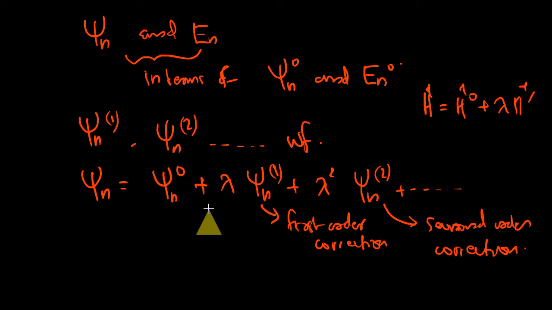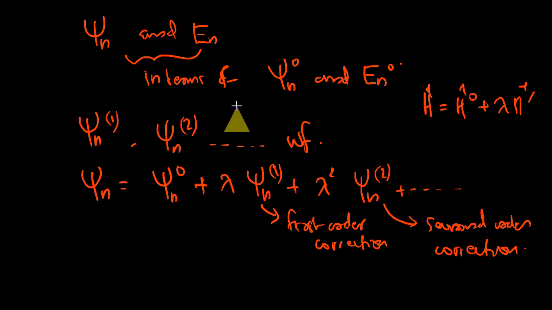So in perturbation method, we will determine the correction terms. I will explain how we determine the correction terms later, but for the time being, understand that essentially we are going to determine the correction terms for the wave function.